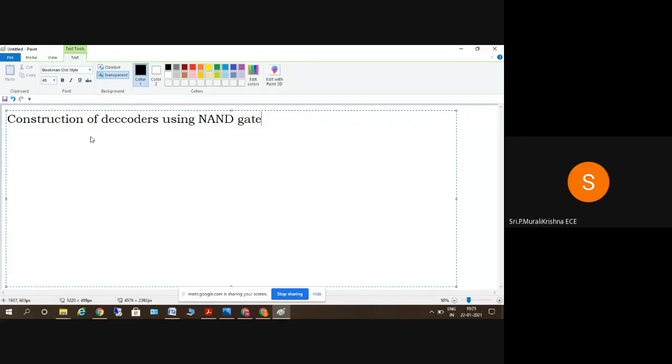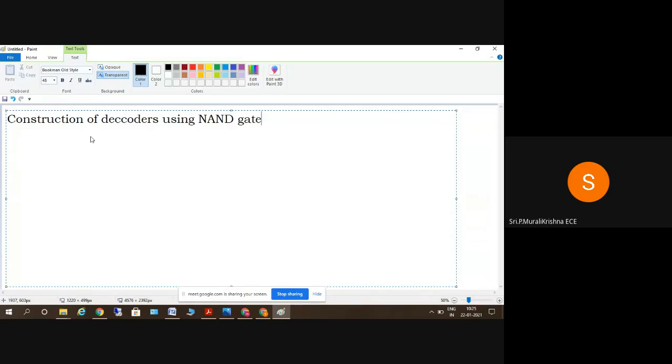NAND gate is an inversion of AND. If I put an inverter after an AND gate, we'll get a NAND gate. So inversion of AND will give you the NAND gate. We'll see a 2 to 4 decoder with NAND gates, and we'll use an extra input called the enable input.